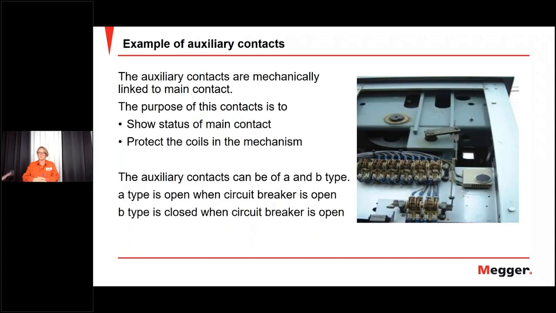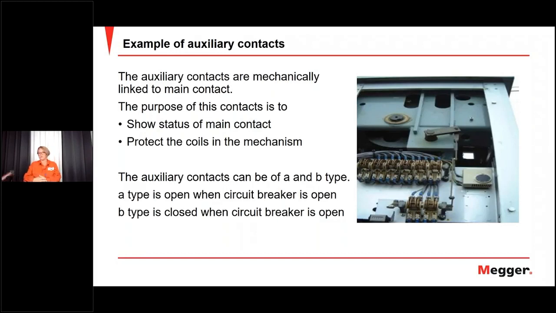You have them in the circuit of a control, but you can also have them for indication and for other purposes in the switchgear. And you can see them here in the picture, and they are directly linked, see that also in the picture here, to the main contact. So they are either showing the same position as the breaker or opposite, but they can also be a little bit both before and after.